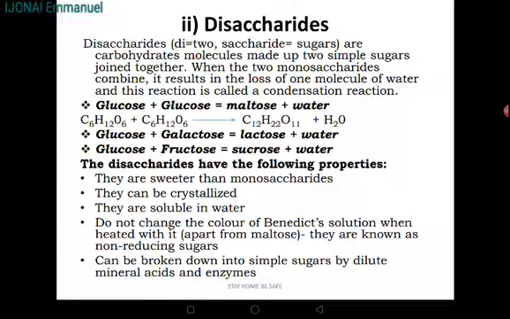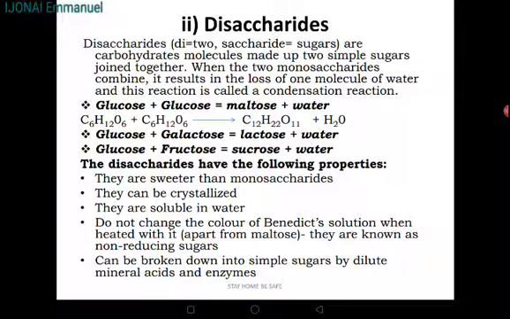A reaction that involves a combination of two simple molecules to form one larger molecule with the loss of a water molecule is called a condensation reaction.